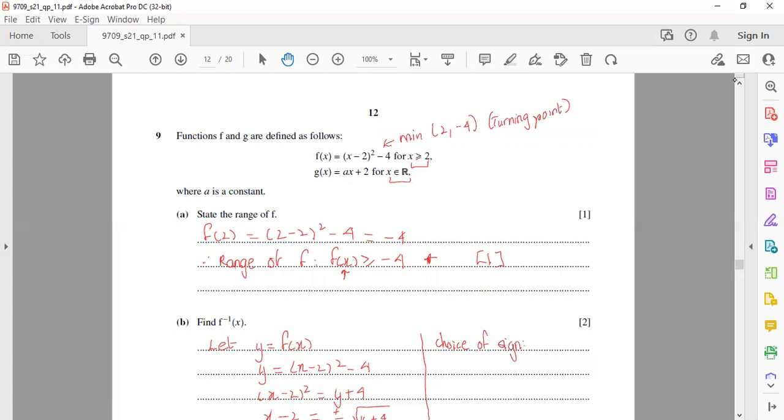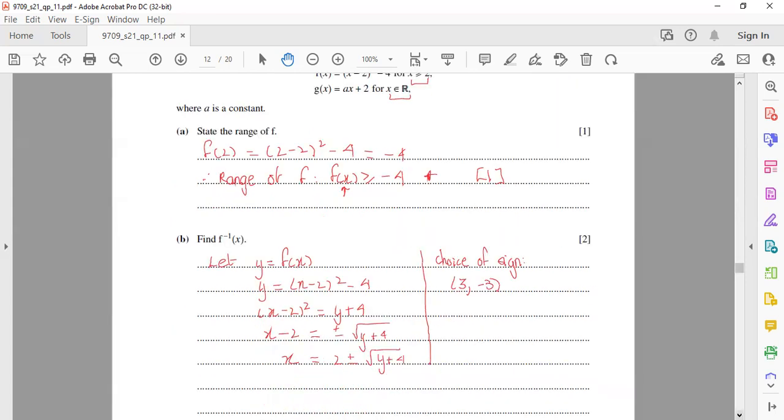When I replace x is equal to 3 in this equation, my y coordinate will be minus 3. So using this for the choice of sign, I replace this in here. So 3 is equal to 2 plus or minus the square root of minus 3 plus 4. 3 is equal to 2 plus or minus, 4 minus 3 is 1, the square root of 1 is 1. So 2 plus 1 will give me 3.